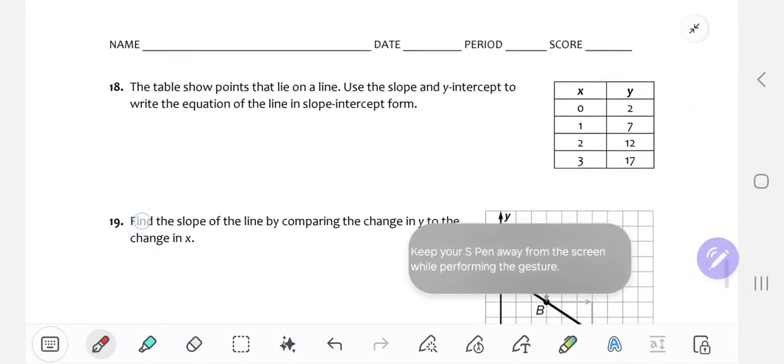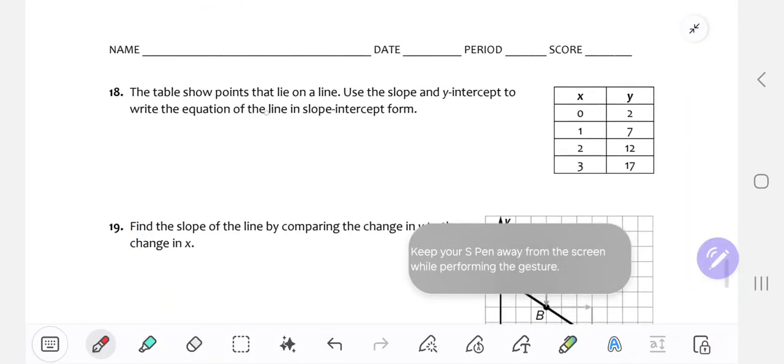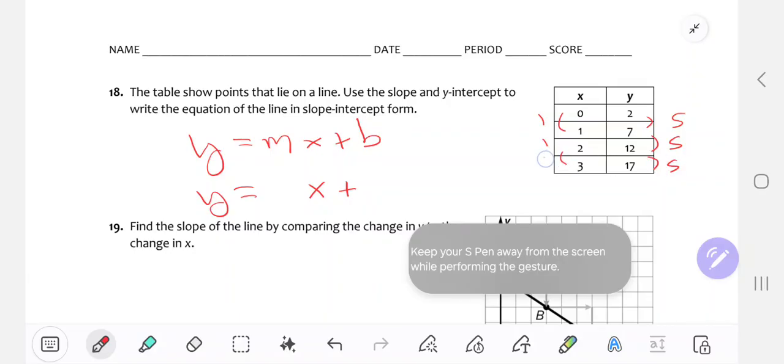Moving along. Okay, the table shows points that lie on a line. Use the slope and y-intercept to write the equation of the line in slope-intercept form. Okay, y equals mx plus b. So y equals, we could find our slope by finding the change in y over change in x, 5 to 1, 5 to 1, 5 to 1.